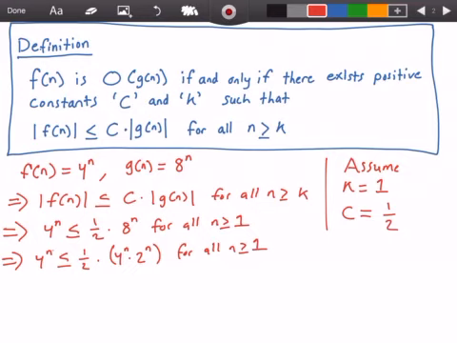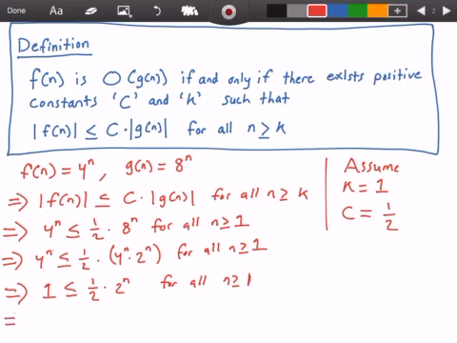All right, and now I'm going to divide both sides by 4 to the power of n. So we get 1 is less than or equal to 1/2 times 2 to the power of n for all values of n greater than or equal to 1.